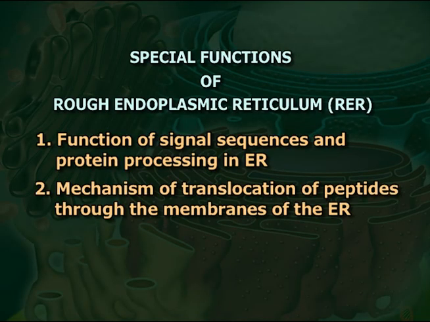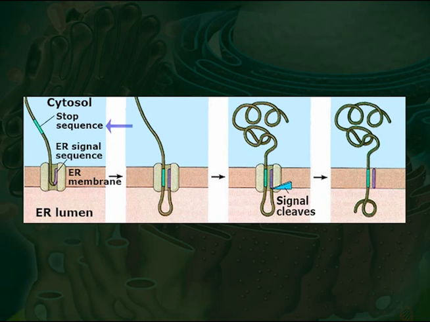Mechanism of translocation of peptides through the membranes of the ER. After synthesis of proteins in ER, there are several types of processes for transfer of proteins into and through membranes of ER, mitochondria, etc. Generally, peptides with clear and unclear signal sequence are transported into these membranes.